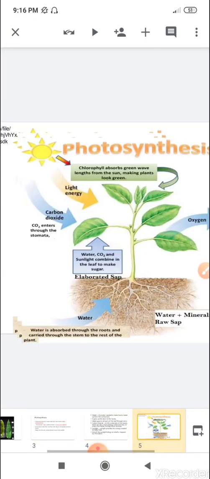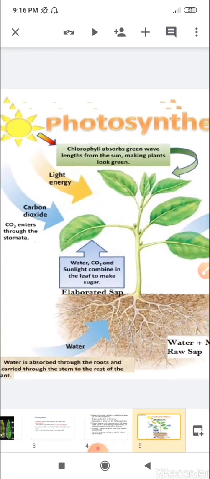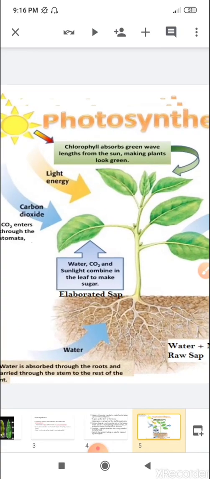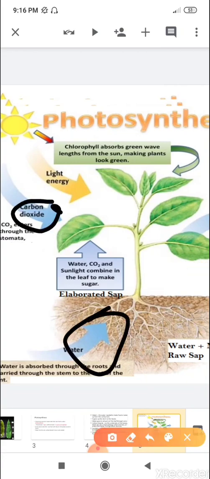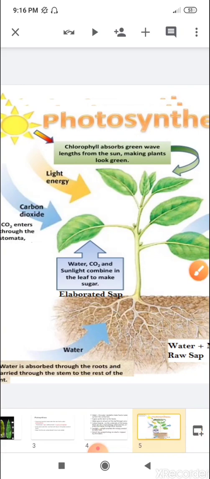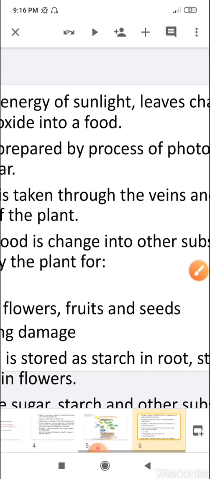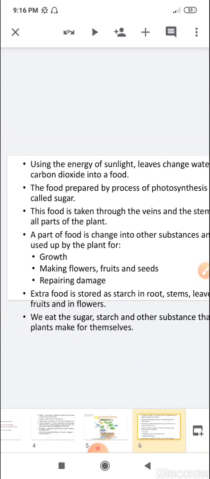Then children, we have seen the picture of photosynthesis, how a plant synthesizes its food. We have seen that by using sunlight, the leaf of a plant converts carbon dioxide and water, in the presence of chlorophyll, into food, and the food which is prepared by the plant is known as sugar.